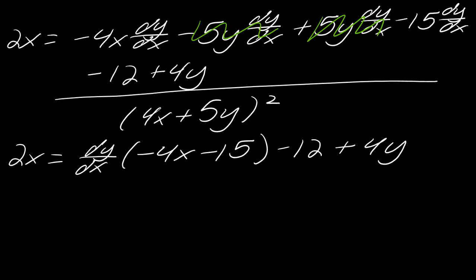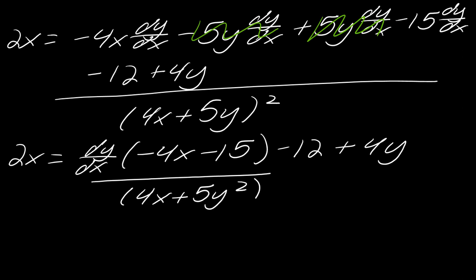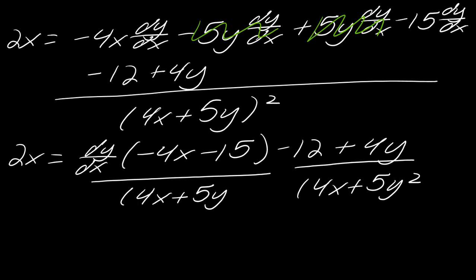And one other thing I'm going to do, these parts that have the dy/dx, I'm going to make into their own fraction. So this is over 4x plus 5y squared, and then this is over 4x plus 5y squared. Oops, I have messed up where I put that. It's 5y squared. And one other thing I have to be careful of with this.